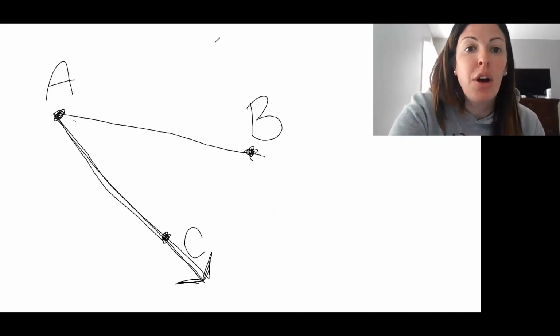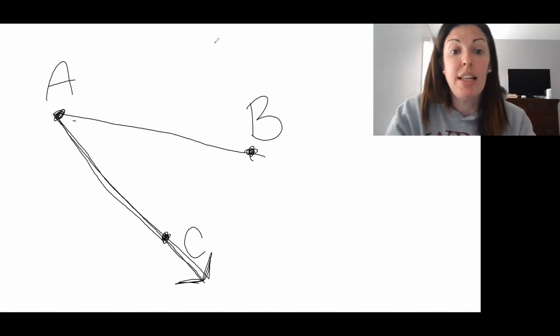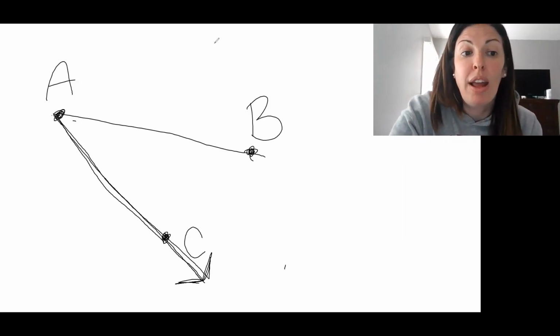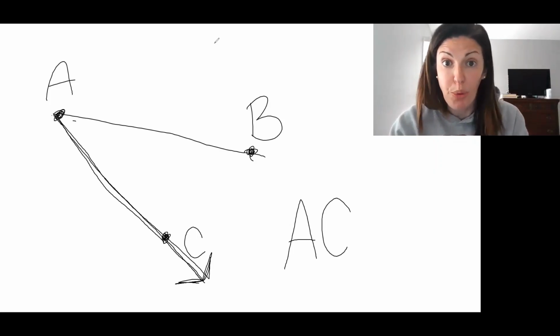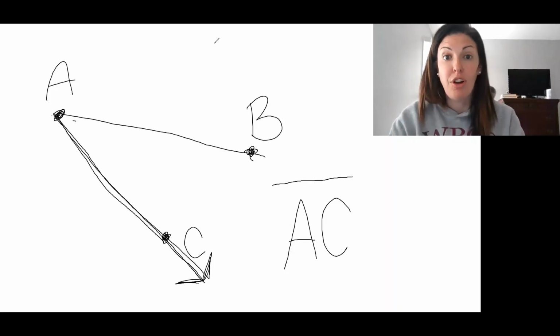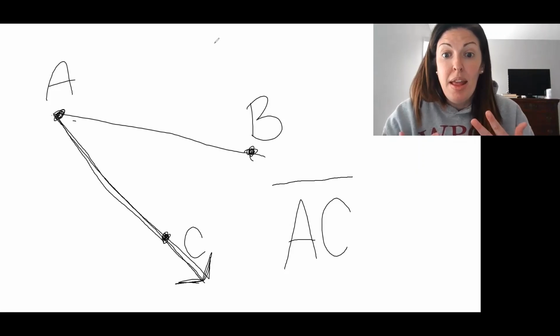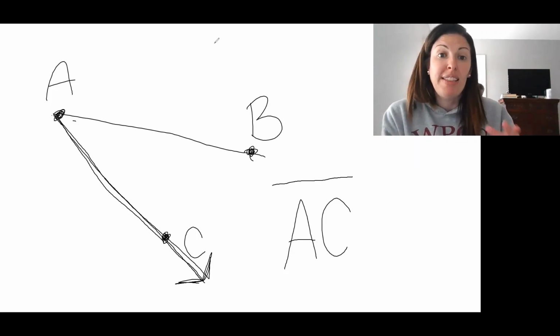Okay, so the way that we would write this would be ray AC. Now we have to show that it's a ray. So the way we do that is we draw the same symbol that we drew for a line segment.